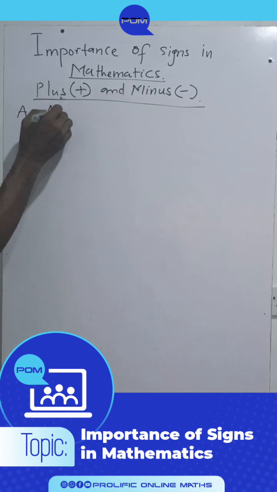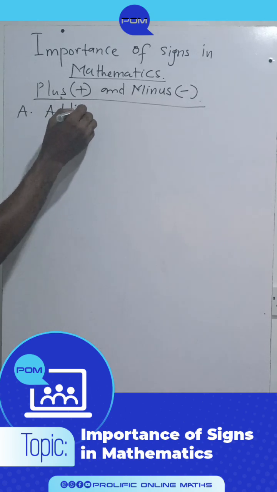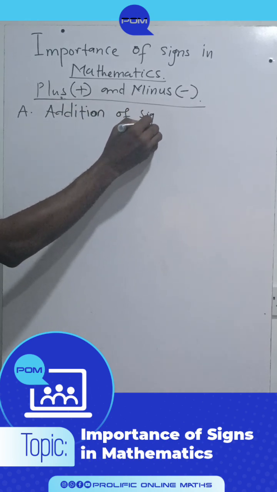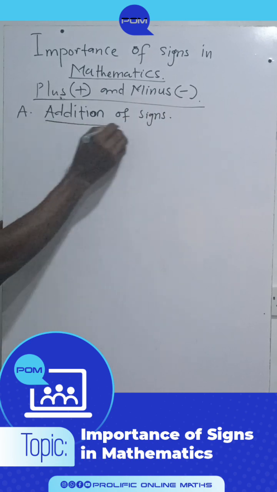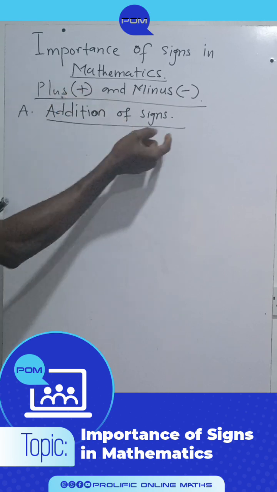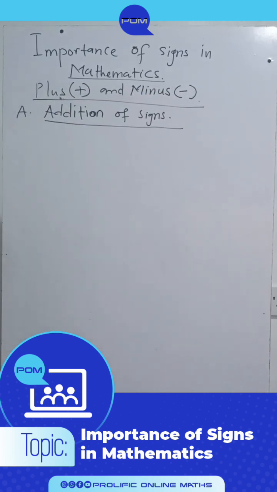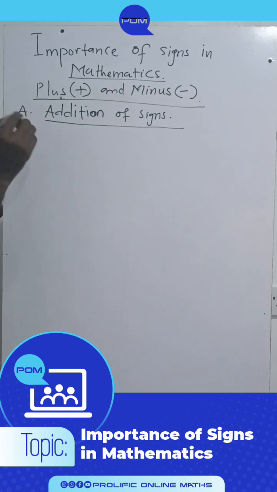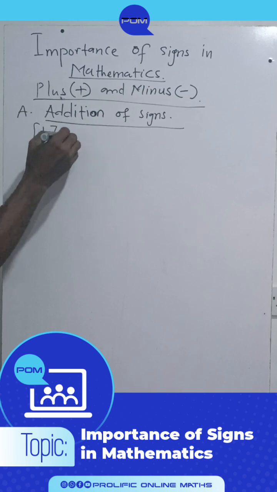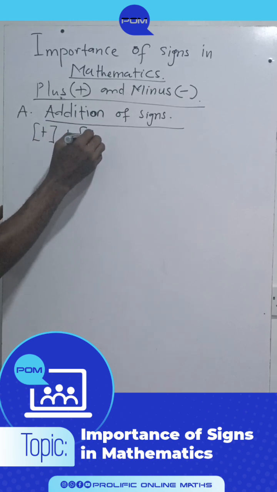Now, the addition of signs. In addition of signs, we are looking at how we are going to be adding both plus and minus together, and how we are going to apply them to numbers and how they are going to turn out. In addition of signs, you may have something like plus, plus, plus.